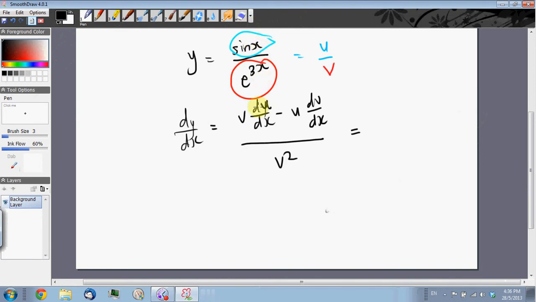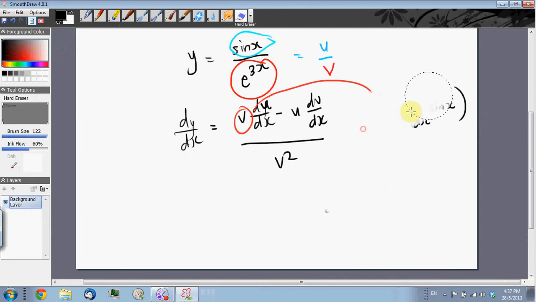On top is u, bottom is v. So you follow this equation. I'm trying to just show you what's happening. And du/dx is d/dx of u, which is sine x, so you differentiate sine x.